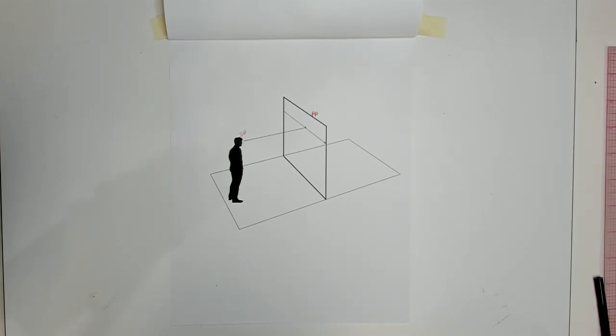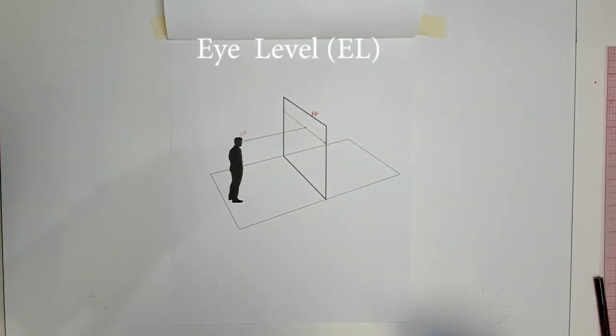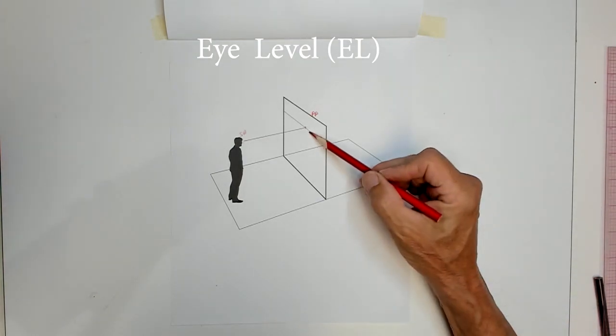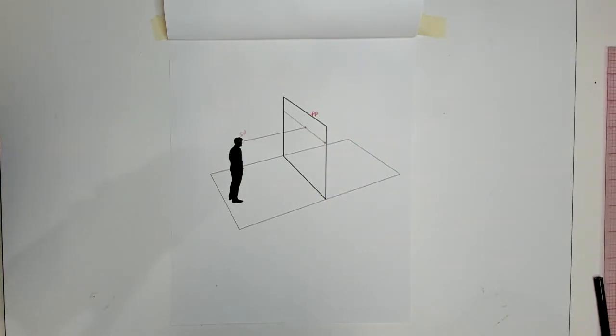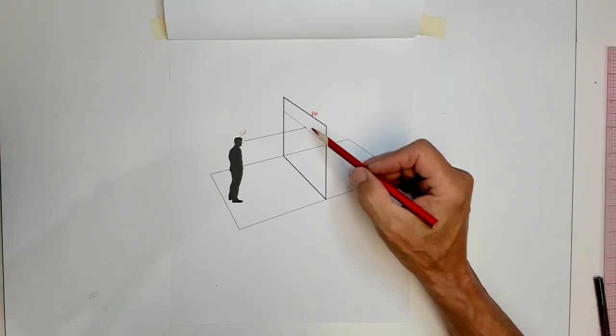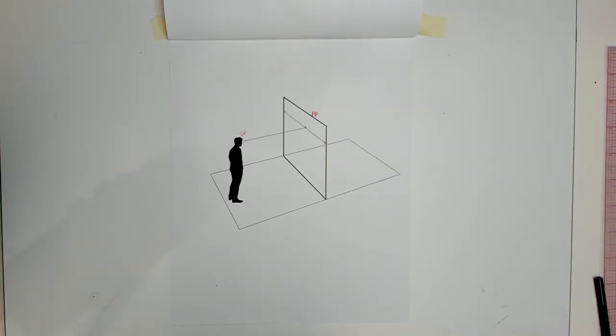The Earth is very large, and it will disappear, basically, right here at your eye level. If the Earth was smaller, then it would disappear lower than your eye level. So we kind of consider the horizon line to be right at the eye level at infinity.